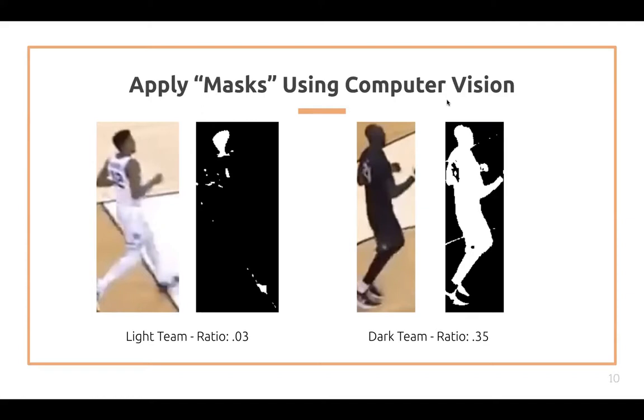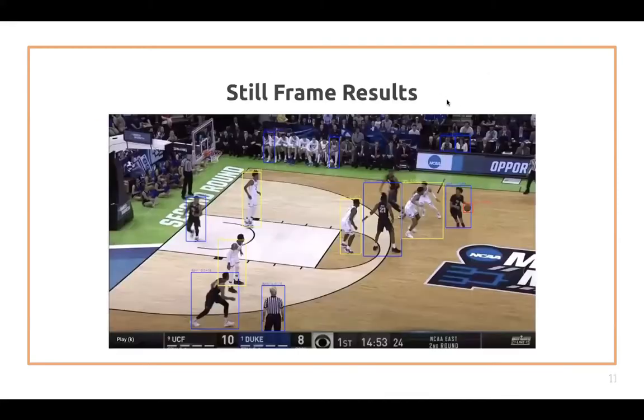The lower the ratio, the more likely the player was to be on the lighter team. The higher the ratio, the more likely the player was to be on the darker team. And here you can see the result of this. It was able to correctly label each individual team. However, if a player on the light jersey was on top of a dark background, it was prone to mislabeling.